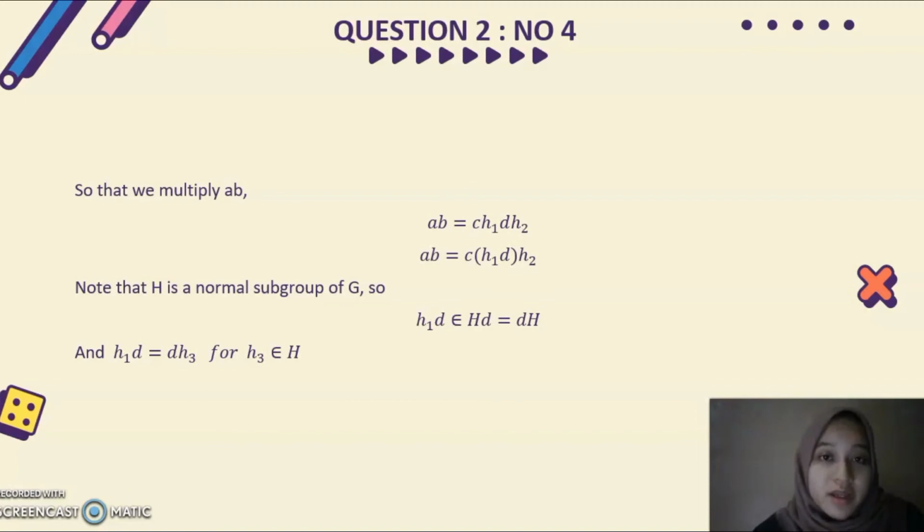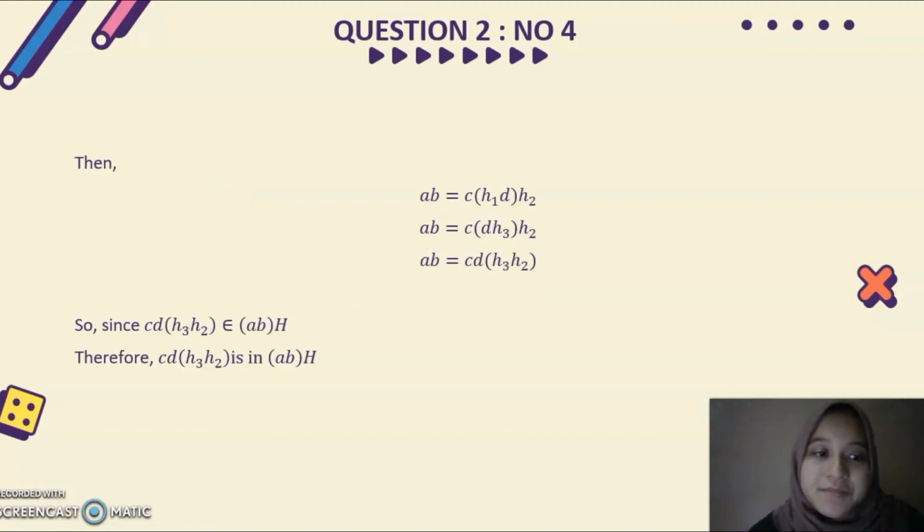By associativity of the binary operation of G, we write h1d equals dh3, for h3 an element in H. Then, we have ab equal to c times dh3 times h2. Again, using associativity here, we will get cd times h3h2. Since cd times h3h2 is an element in abH, therefore, cdH is in abH.